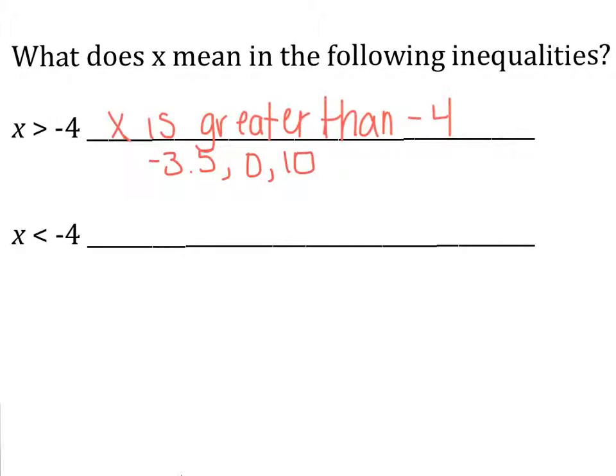So any number larger than -4, but because it doesn't have the equal to symbol, it cannot be -4. The second one is read x is less than -4. So a couple of those examples could be -4.1. It could be -5.